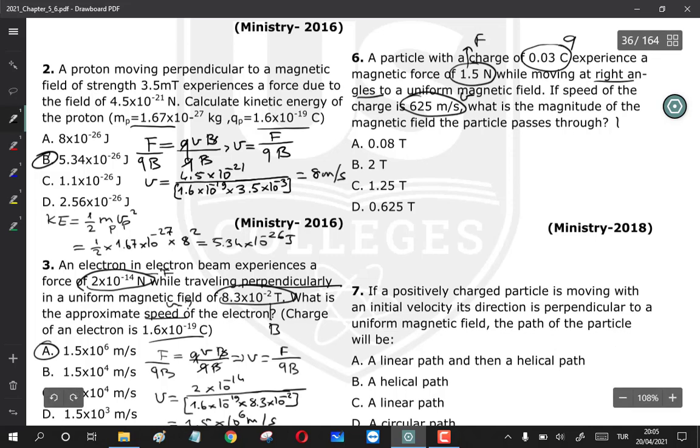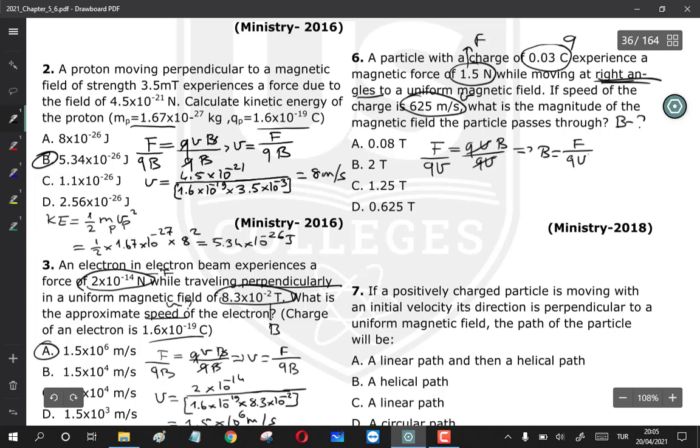So B is the question here. Again, you are going to use the equation for maximum magnetic force because it is a right angle. So F is equal to Q times V times B. This time we will calculate B. That's why you should divide by Q and V, simplify QV. So B is equal to force divided by Q and V.